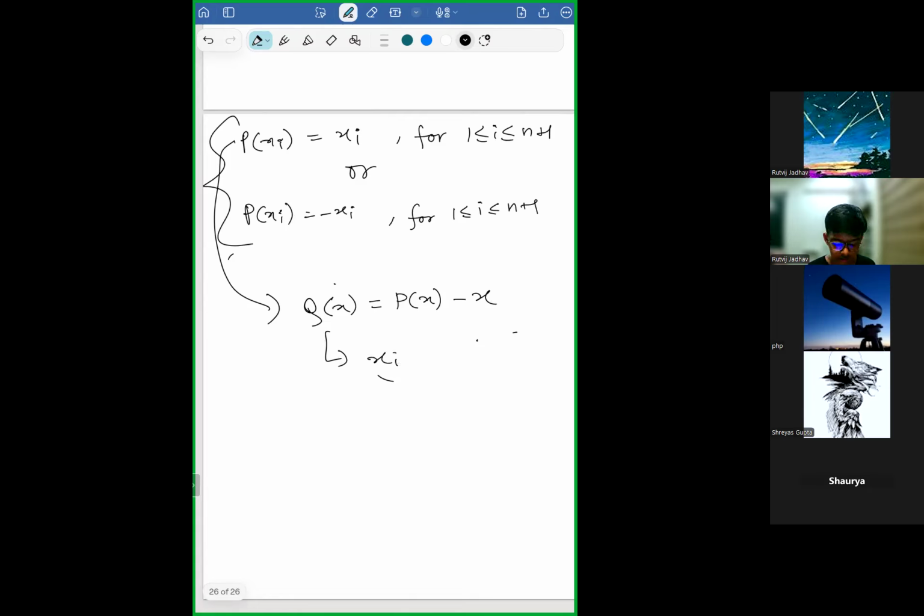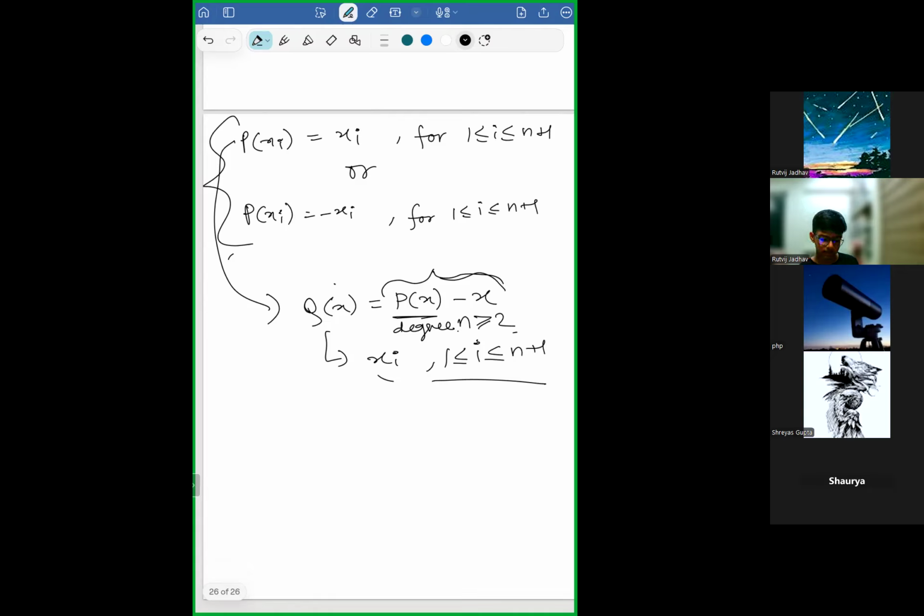Yeah, all xi's from 1 to n plus 1. But we are given that the degree of p is n and n is greater than or equal to 2. So the degree of q also has to be n, right? But we are getting n plus 1 roots, which is a contradiction. This cannot happen. Oh, okay, got it.